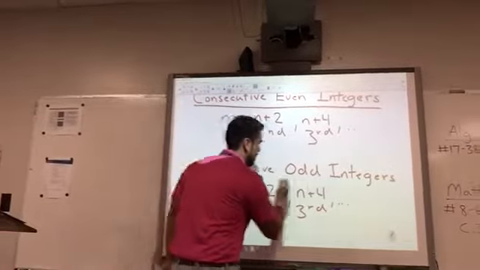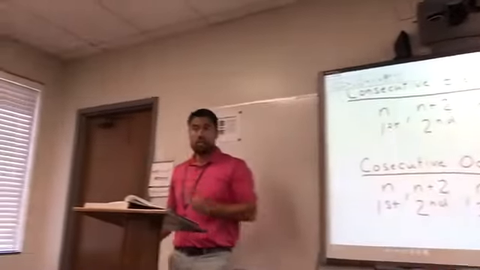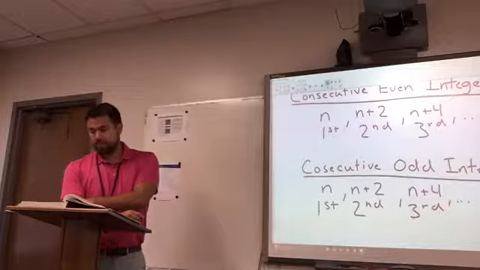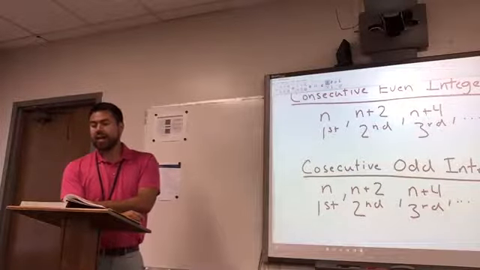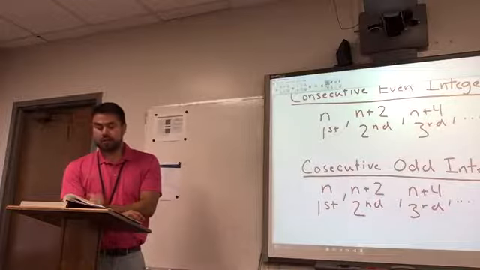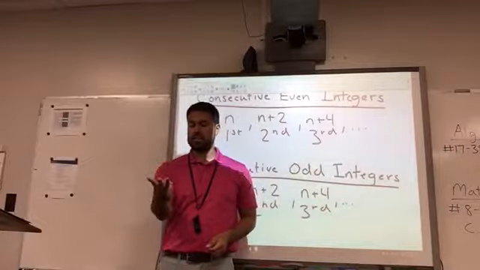Nate, go ahead. Why don't we start at 0? Because they're going to ask you questions like example number 4. It says, find 3 consecutive odd integers whose sum is negative 15. So your answer has to be 3 consecutive odd integers.